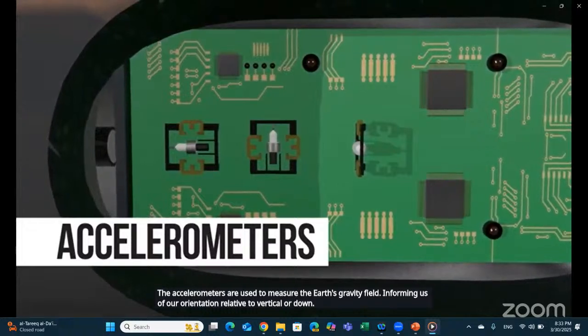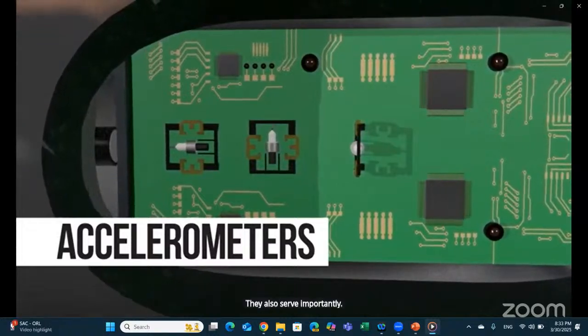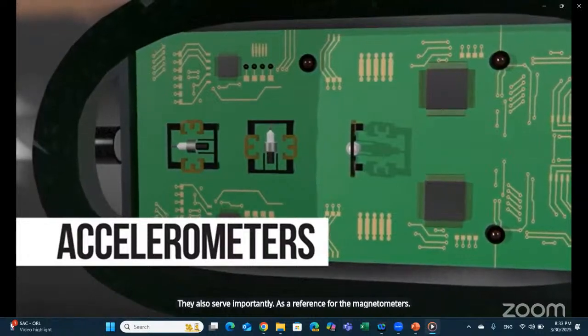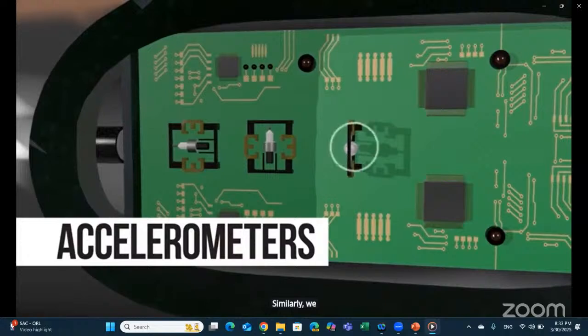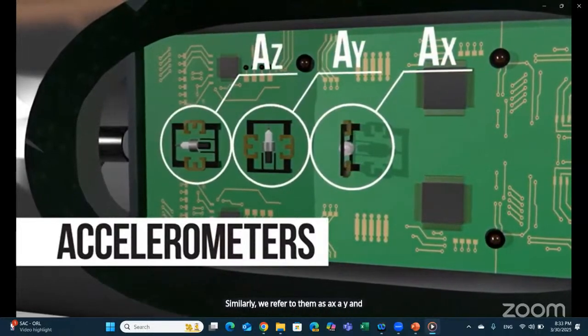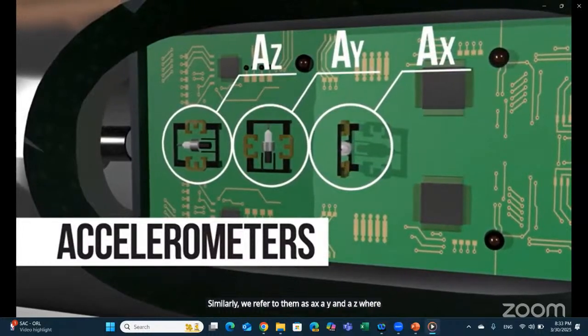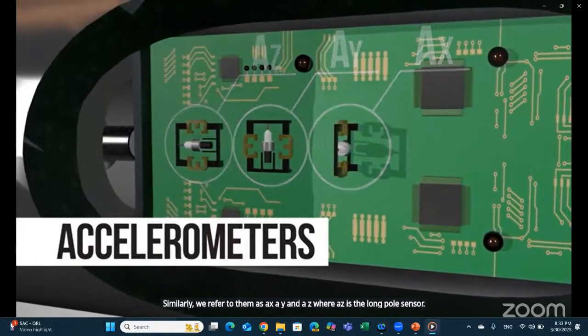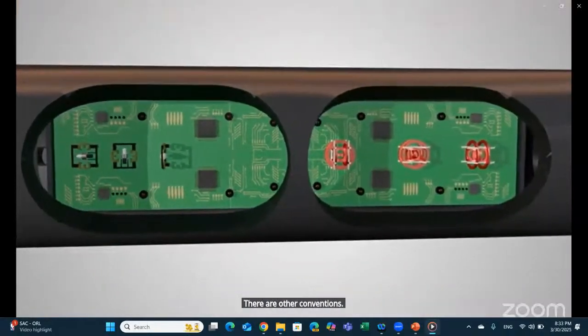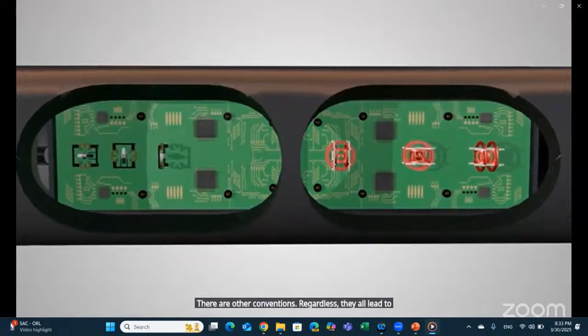They also serve, importantly, as a reference for the magnetometers. Similarly, we refer to them as AX, AY, and AZ, where AZ is the long hole sensor. There are other conventions. Regardless, they all lead to the same measurements.